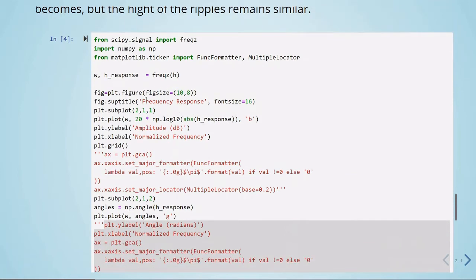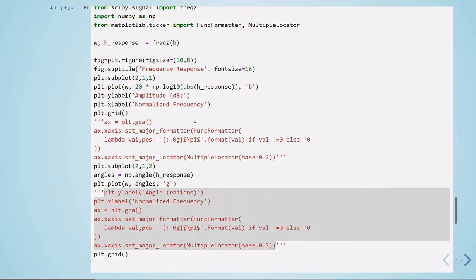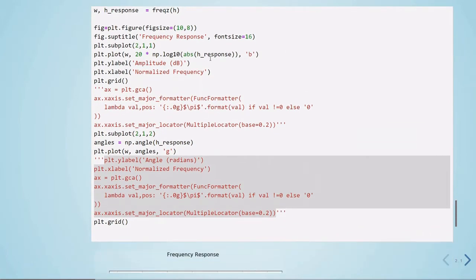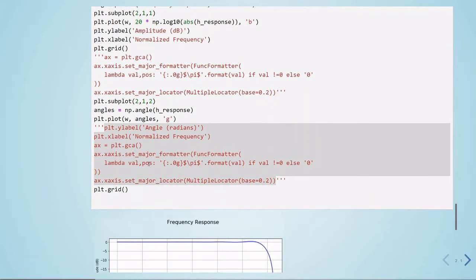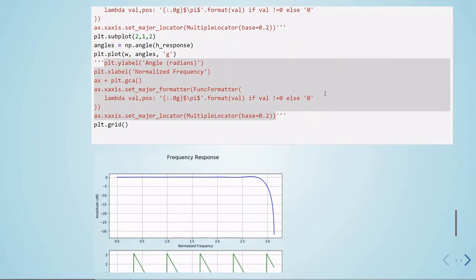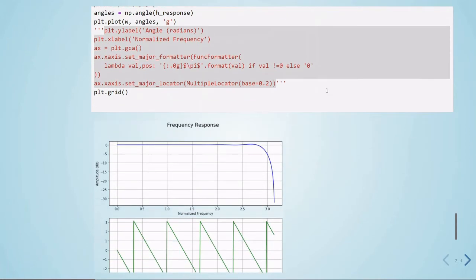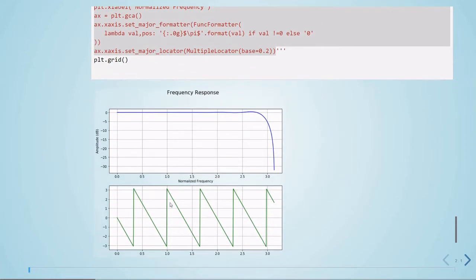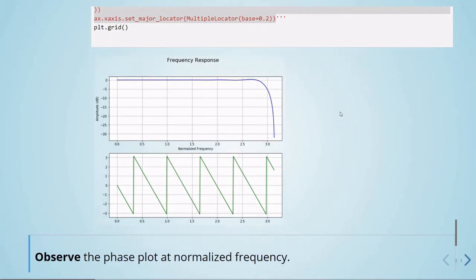So now we're plotting our frequency response. We're using 20 log 10, so we can see magnitude in dB. We're also plotting the phase. So the phase will be the angle in radians, and we are using the normalized frequency. So it's from 0 to pi, and pi is our Nyquist frequency.